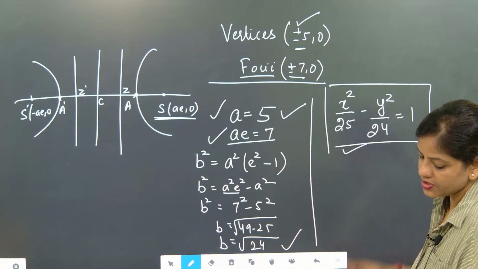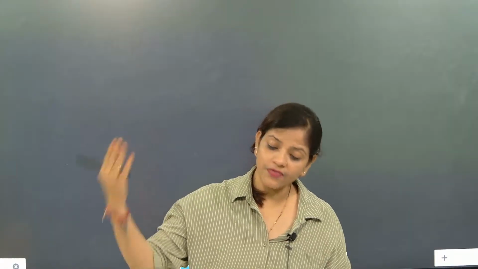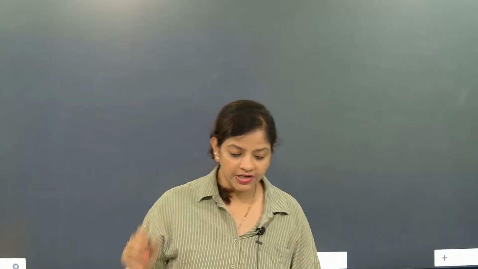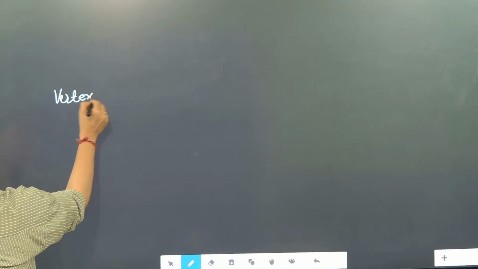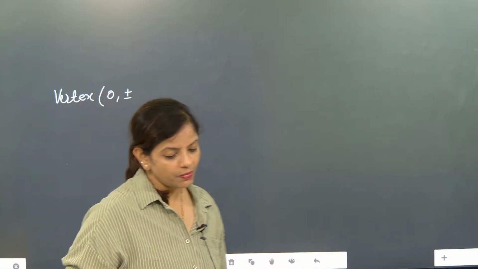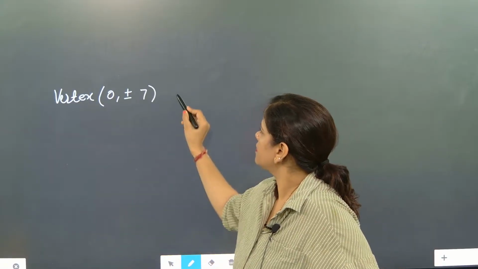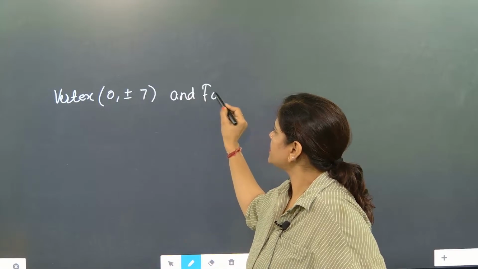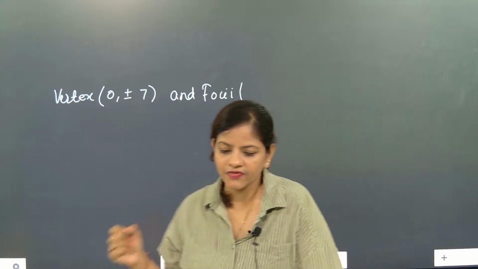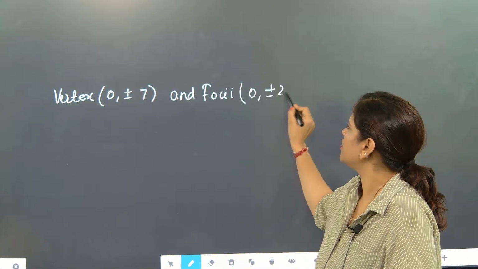The question given to you is: find the equation of the hyperbola. Find the equation of the hyperbola when the vertex is given as 0, plus minus 7, and the foci is given as 0, plus minus 28 by 3.